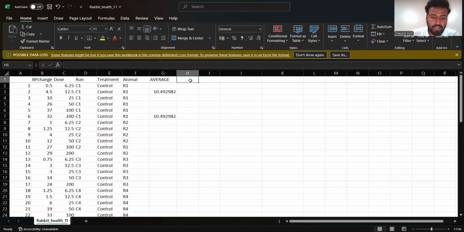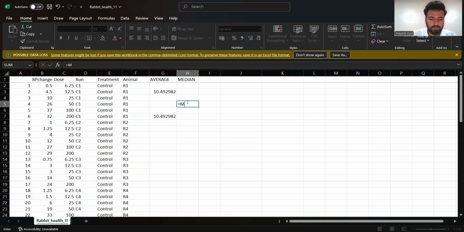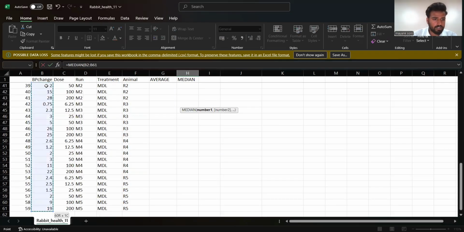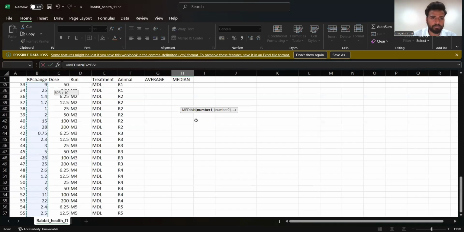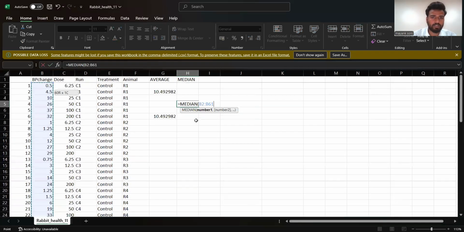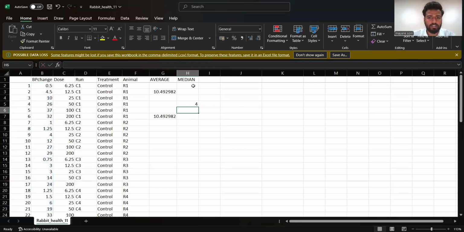So now we calculate the median. The formula to calculate median is MEDIAN. Open the bracket, again select the BP change column, close the bracket, enter. So the middle value is 4.